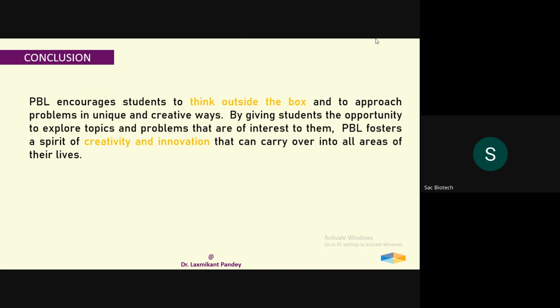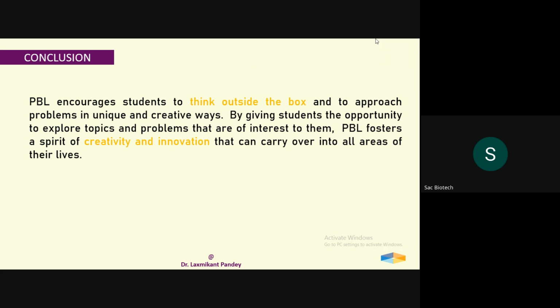You develop creativity skills and approach problems in unique and creative ways by giving students the opportunity to explore topics and problems that are of interest to them.